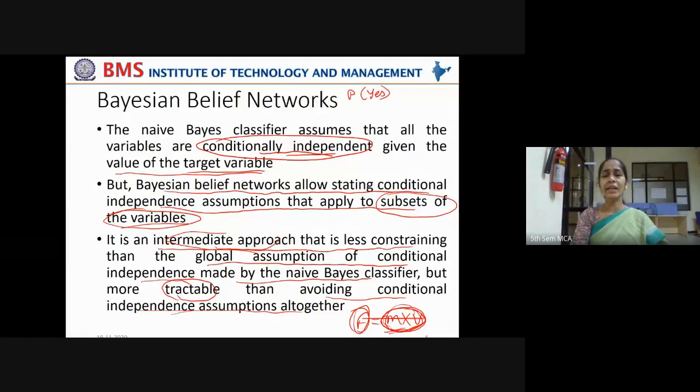Do not eliminate the assumption of conditional independence altogether. Assume that some part of the attributes are conditionally independent and some part of the attributes have some relationship. They are conditionally dependent. The probability of one variable may increase or decrease the probability of another variable. That is called conditional dependence.